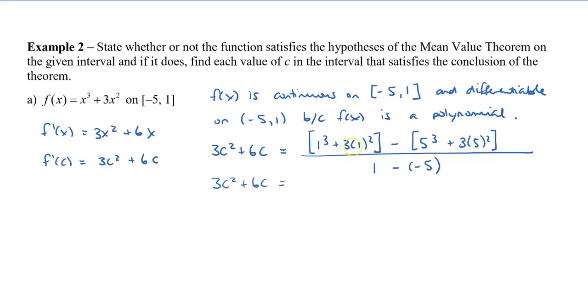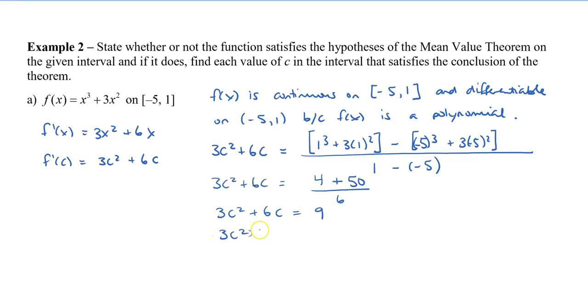On this side, I have 1 cubed plus 3, so it's 4. And then I have 125 plus 75. Oh, sorry, negative. I forgot to put the negative here. So negative 125, and then plus 75, I'm going to have negative 50. And that's all divided by 6. So 3c squared plus 6c equals 9.